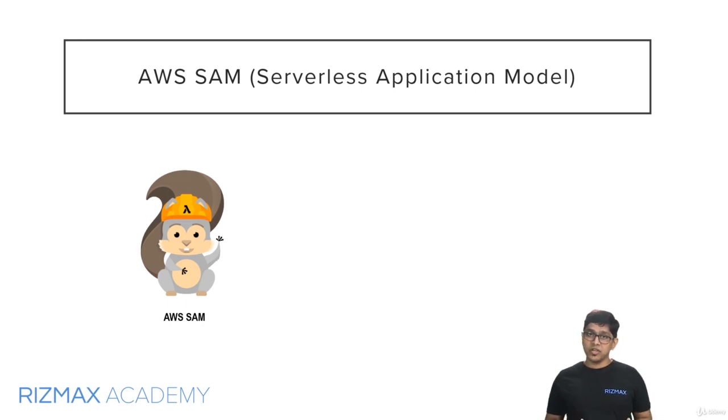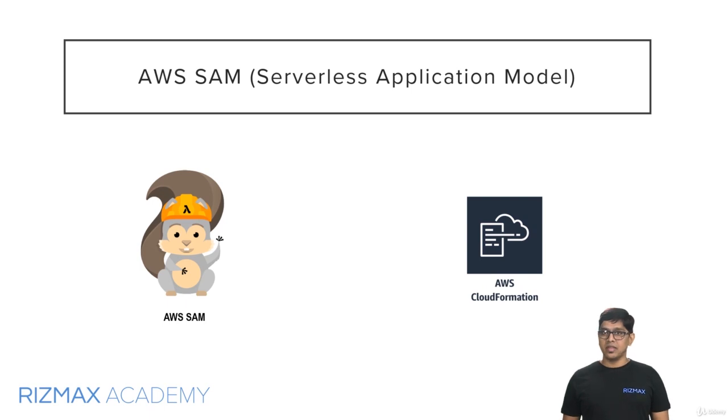SAM is a lightweight version of AWS CloudFormation. CloudFormation is a service that allows you to automate creating and deploying various AWS services quickly using a text-based template file. AWS SAM uses a similar template file but with a simplified syntax, more suited for serverless applications.